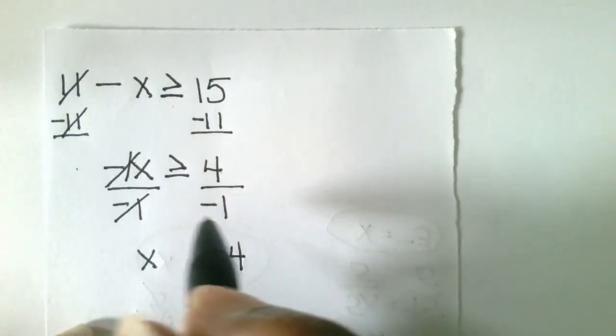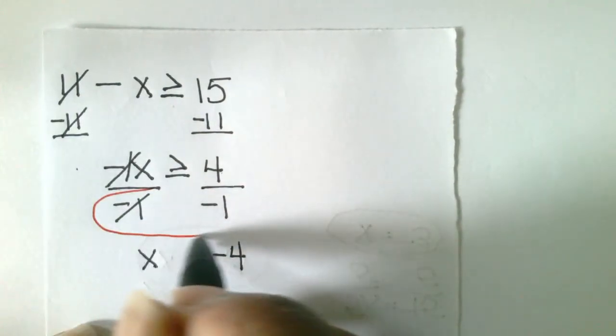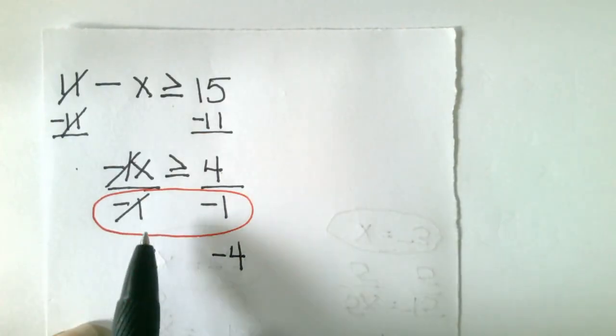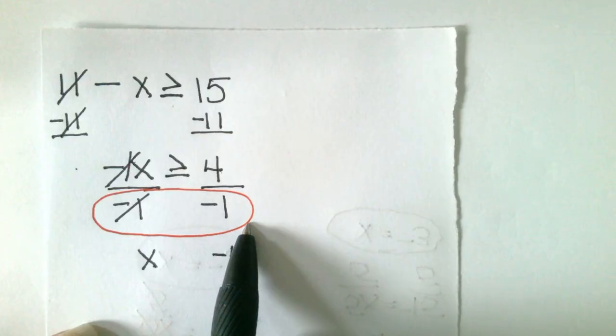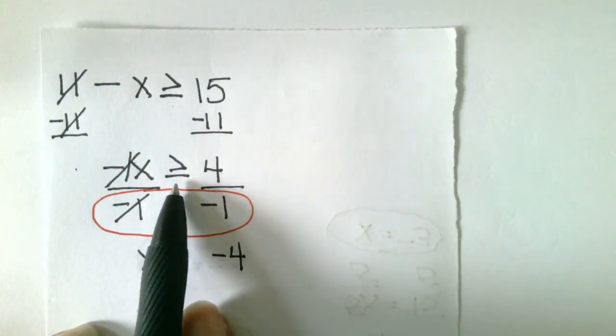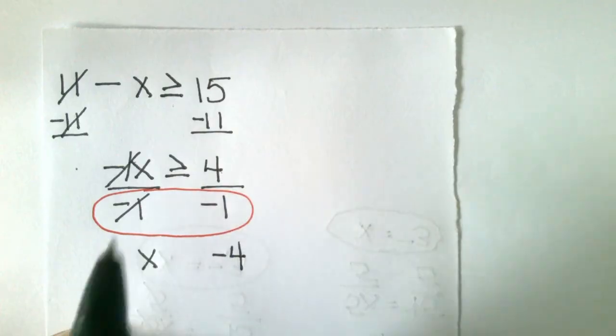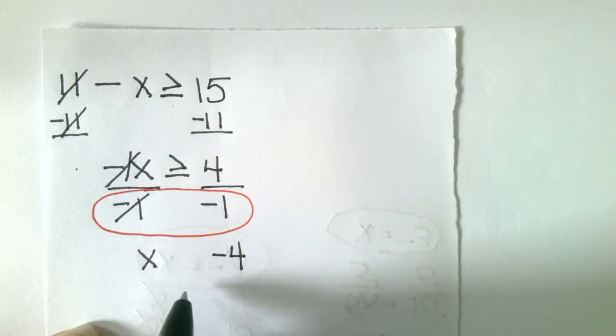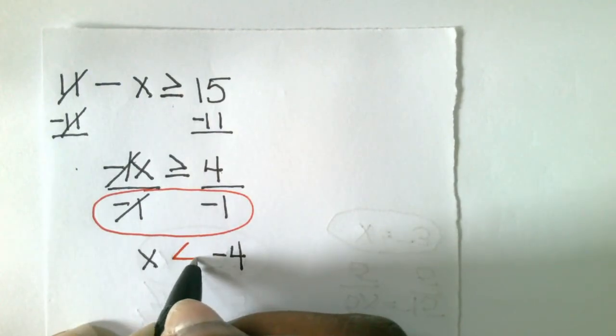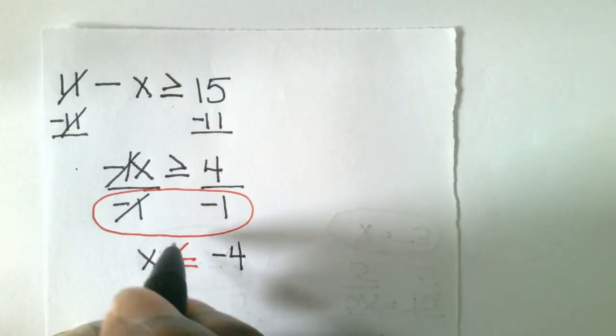Good, that's the key, guys. In order for you to do shortcuts, you have to know the reason why. So here, we divided by a negative number. Anytime you multiply or divide by a negative number, you have to change the direction of the inequality. So now, it's not going to be greater than or equal to. Now it's less than or equal to.